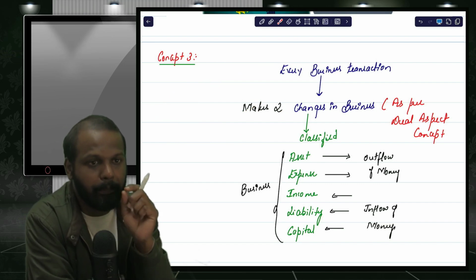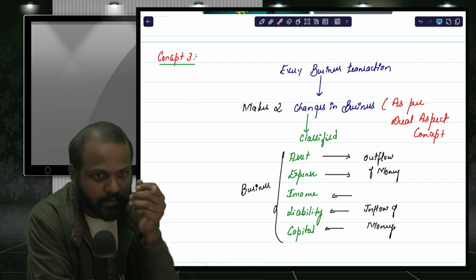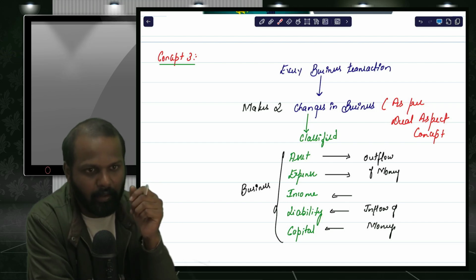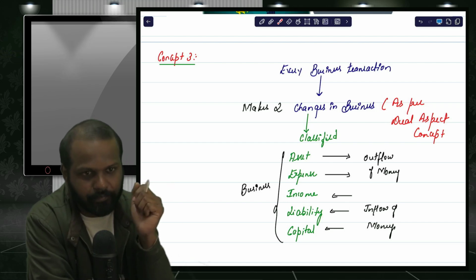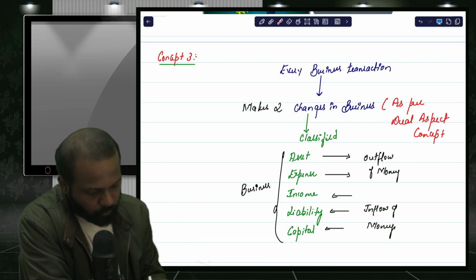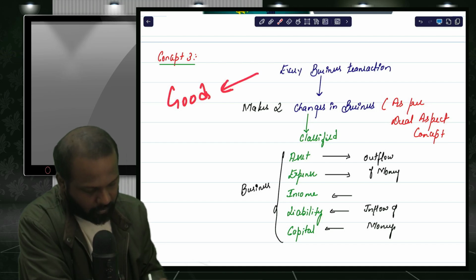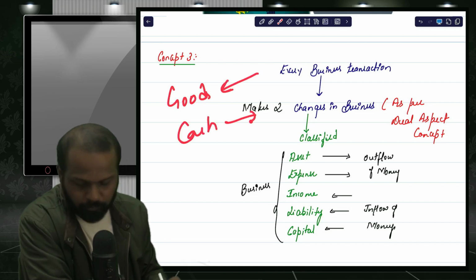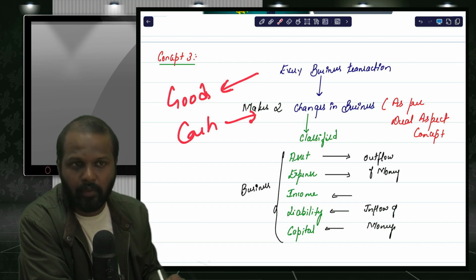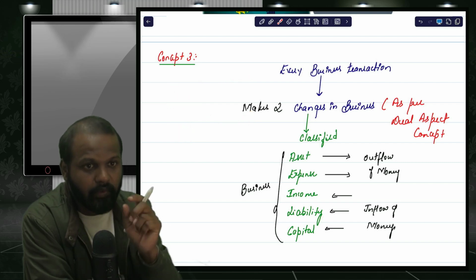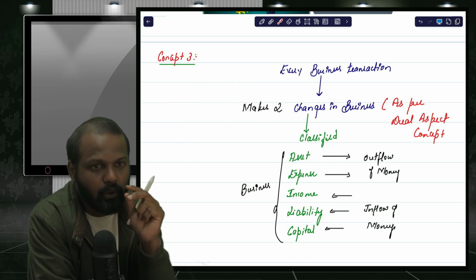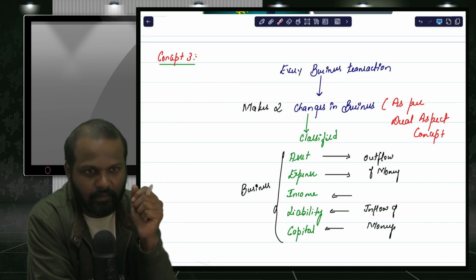For example, purchase of goods for cash. You purchased goods from the supplier and you paid cash for that. When you buy the goods, goods will enter into the business and cash will go out. So even here there are two changes happening in the business.